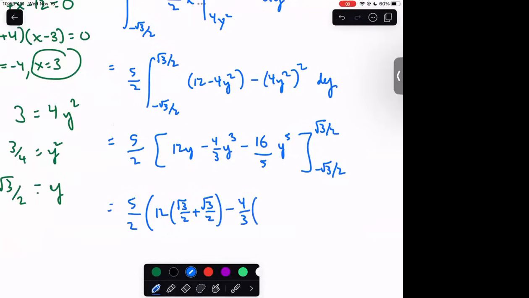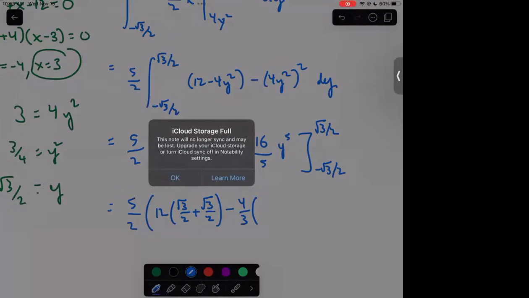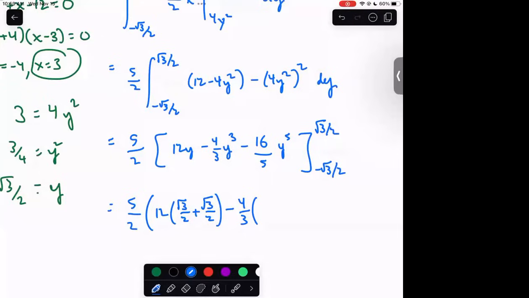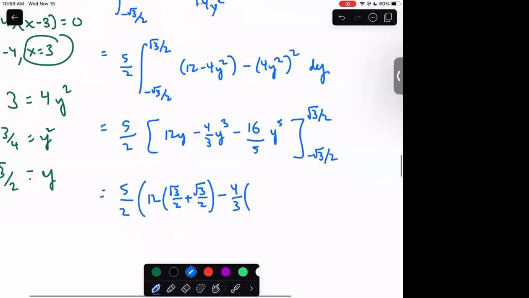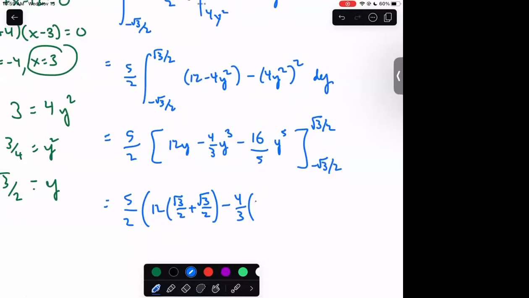Then for the negative 4/3 y cubed, you could just literally plug this in, but this root 3, if I was to cube that, that would be the same thing as root 27. And if I was to cube that 2 down there, 2 cubed is going to be 8. Minus a negative, when you cube a negative, it stays negative. So minus a negative is going to be positive there.